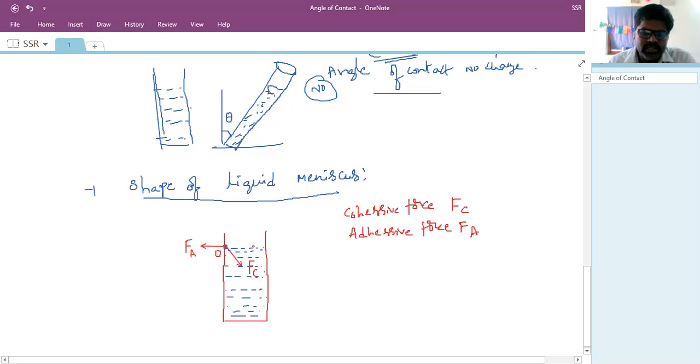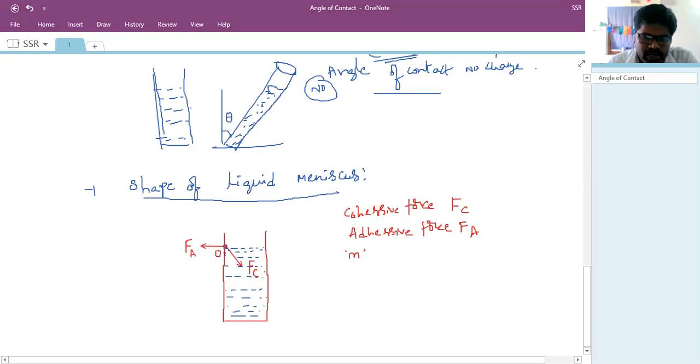Why have I drawn FC like this? Because the liquid is inside this level, so more liquid is along this direction. That's why I have drawn the resultant force along the liquid direction. Now, for this liquid molecule, let mass m be the mass at point O. Then its weight mg acts vertically downward. This is the third force, mg.